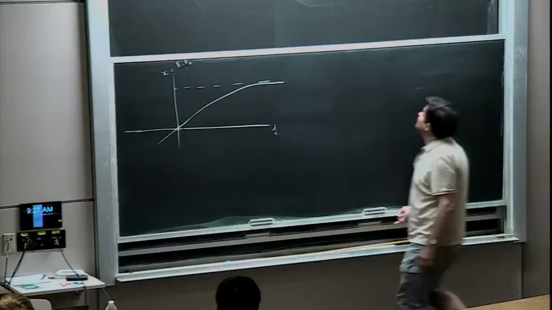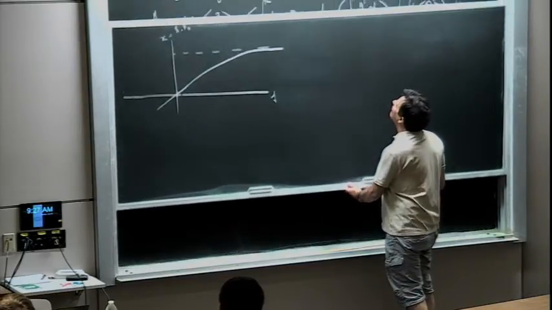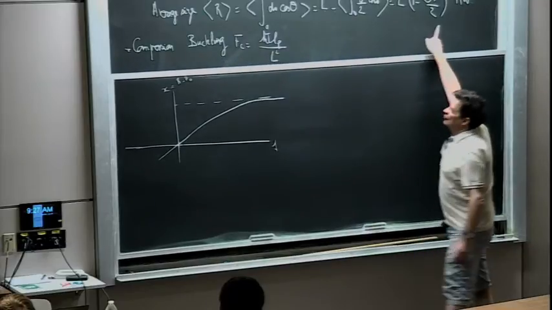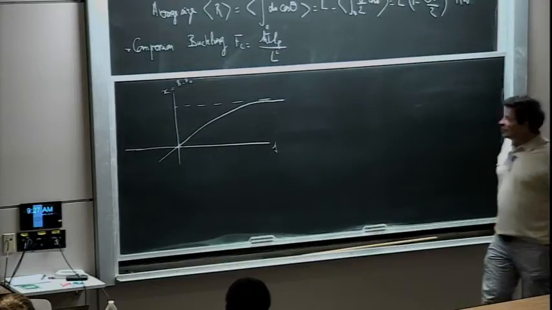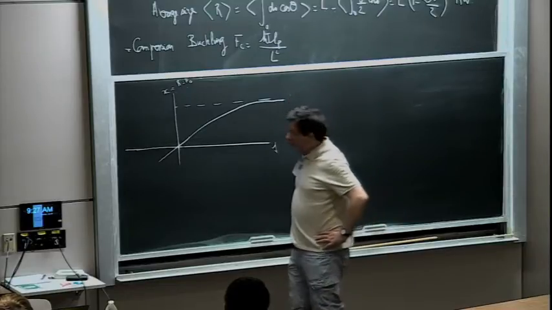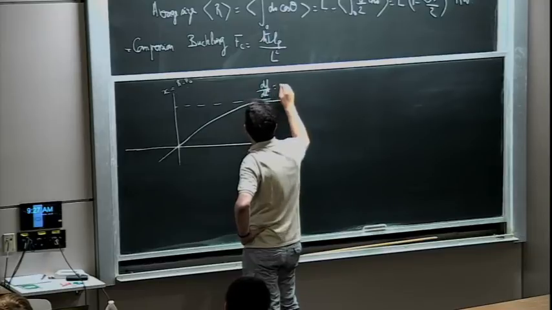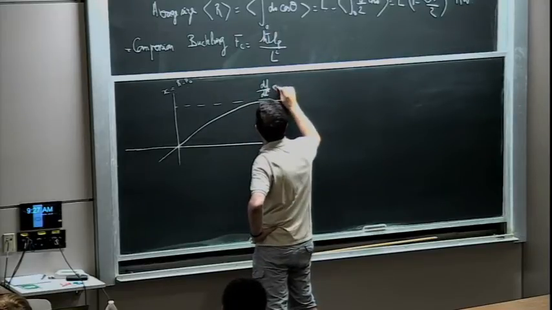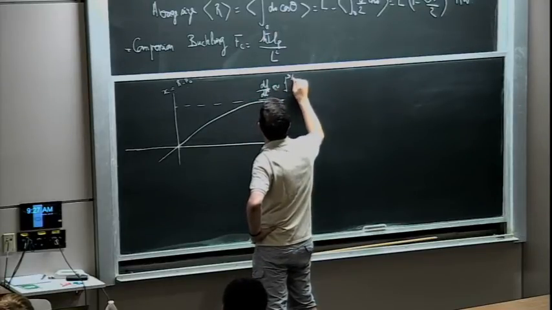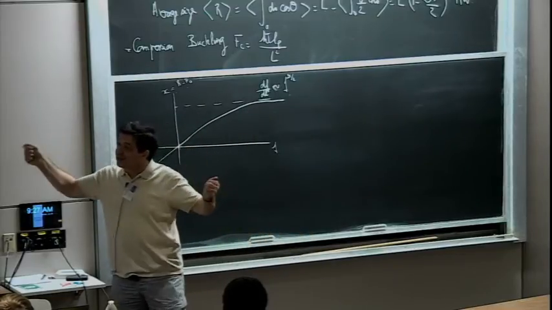If you play the same game that I was playing here, you can calculate how fast you approach the asymptote, and you can check that dF/dL is proportional to F to the 3/2. So the more I stretch, the stiffer the polymer.